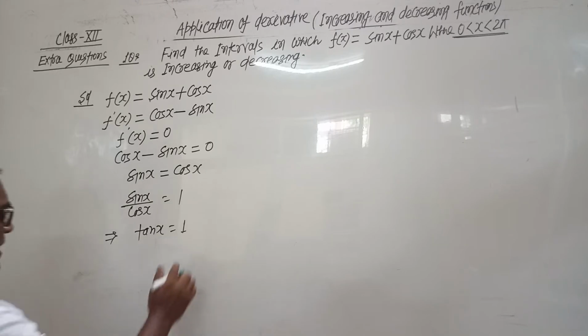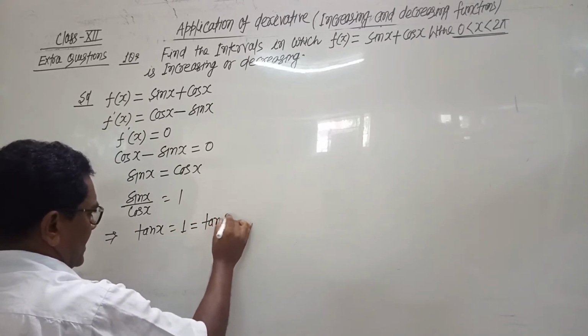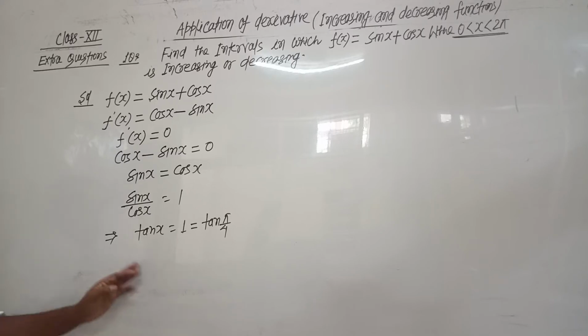And 1 can be written as, in the first quadrant, tan pi by 4. Then it becomes tan x equals tan pi by 4.